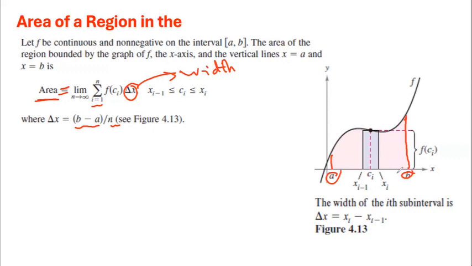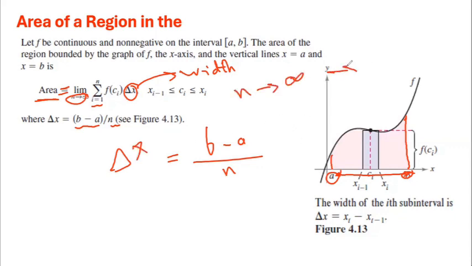So it makes sense: b minus a is the entire width, and you partition it into n rectangles, whatever n you want. But when n approaches infinity, delta x will approach 0. That means the width of each rectangle approaches 0, which means there will be no gaps in the area. You'll have the exact area under the curve.